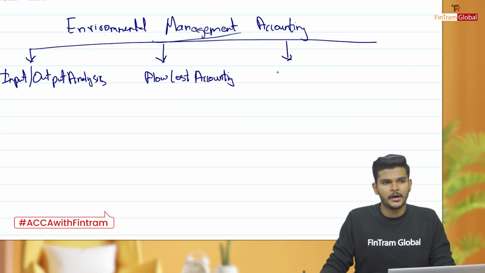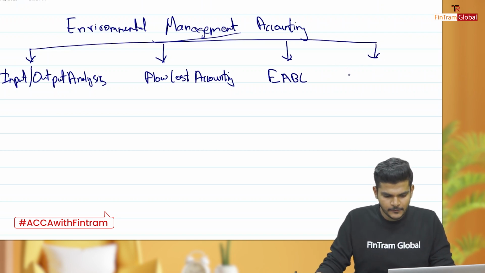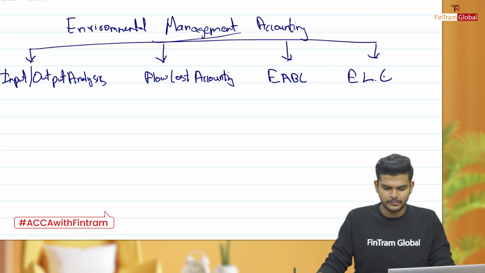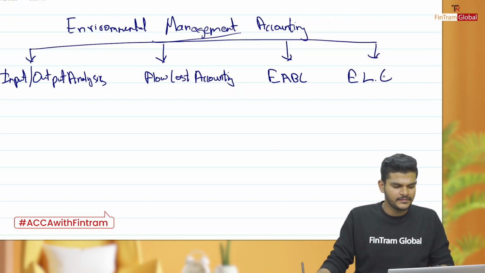We also learned about environmental activity based costing, EABC, right? And then we also looked at environmental life cycle costing as well. Okay, folks, so what is the idea behind all of these approaches?